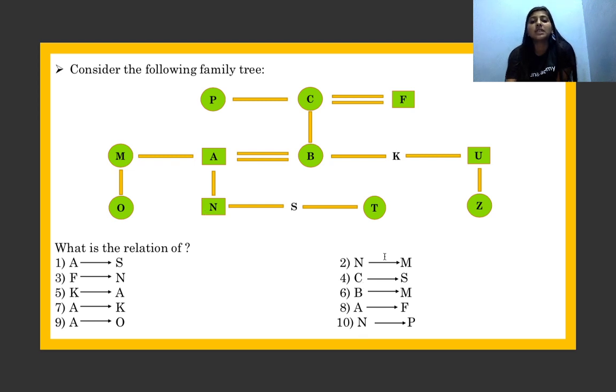Then from C to S, S is mother's mother. Okay, so maternal grandmother. C is maternal grandmother of S, and S can be the maternal grandson or granddaughter. We can say grandchild.